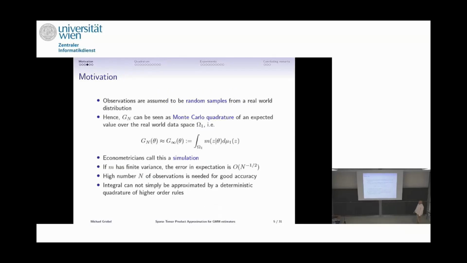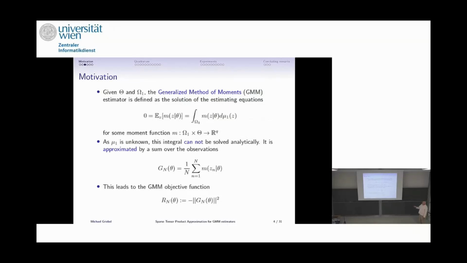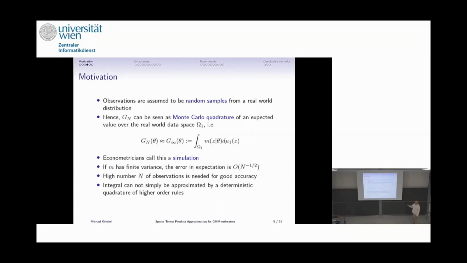And the issue is that these observations are random samples from a real-world distribution. And we see, if we go back, that this looks like a quadrature, a Monte Carlo quadrature, if the C_n are randomly drawn points. The distribution is mu_1, and so this is exactly an approximation to this integral by a Monte Carlo quadrature. No big deal, but this is the setting.